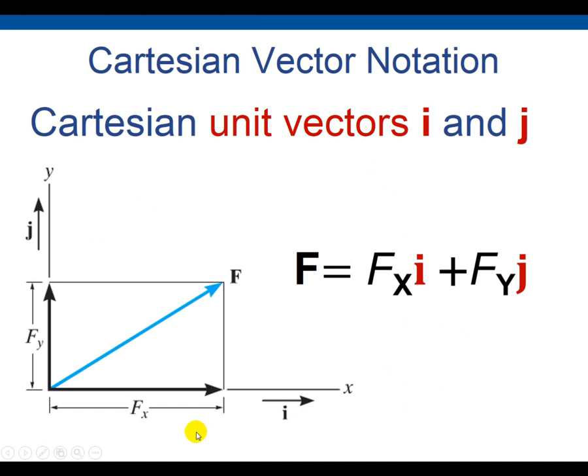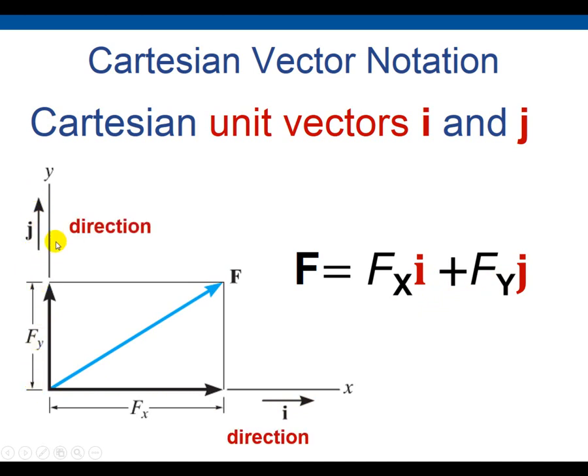Let's look at the Cartesian vector notation. Cartesian vector notation is the same thing. The resultant force F is equal to Fx plus Fy, but there are i and j. And what are i and j? The i is a unit vector of the x-axis. You can see this is the x-axis, and j is a unit vector of the y-axis.